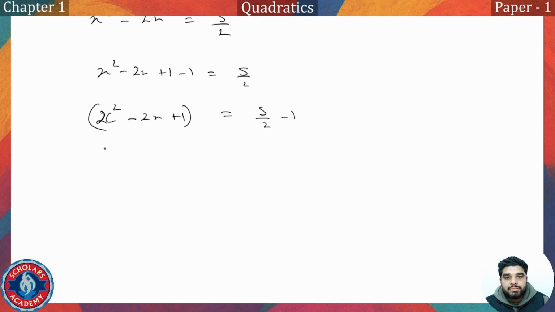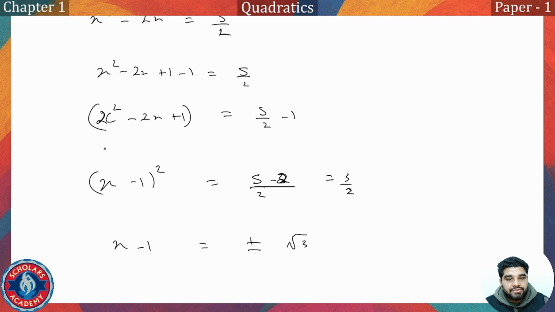So now what we get is x square, we can convert this to a whole square. We get (x minus 1) whole square is equal to 5 by 2 plus 1, that is 3 by 2, and we get x minus 1 is equal to plus minus root of 3 by 2.